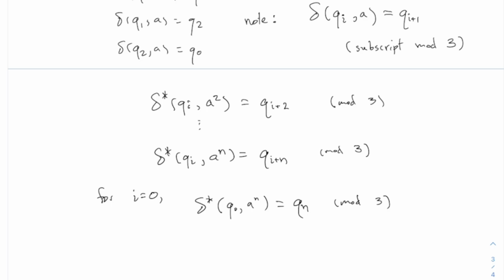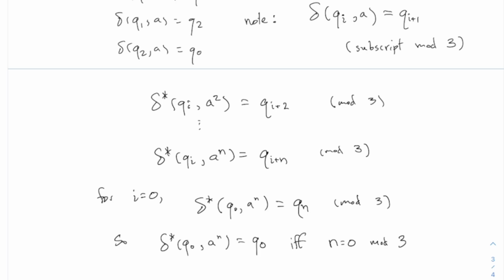And so I could say delta star of Q0 and a to the n equals, when exactly is it going to equal Q0? According to this, it would be whenever that subscript ends up being 0 when you go mod 3. That actually happens if and only if n equals 0 mod 3, right?